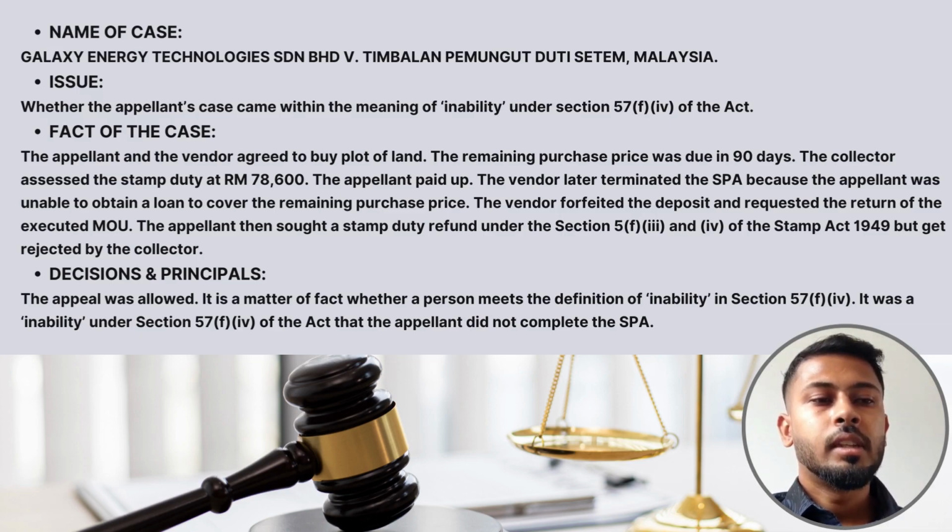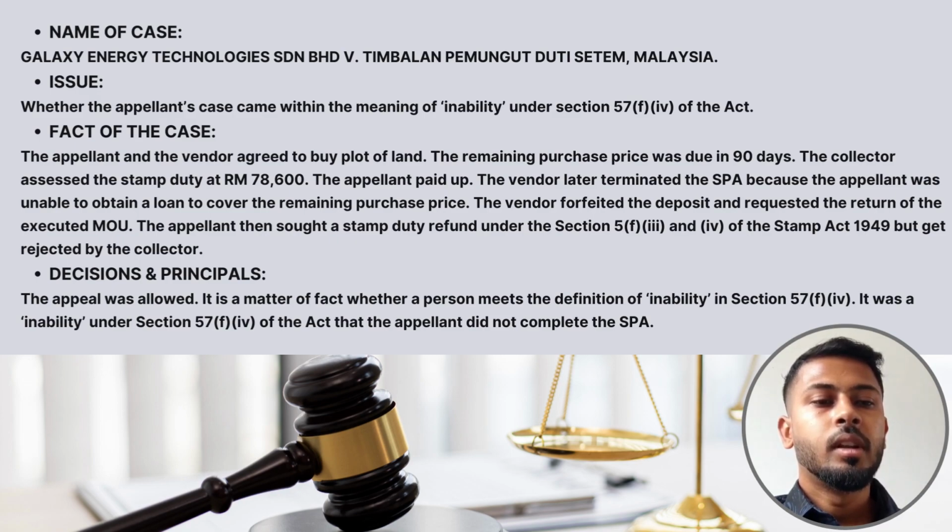The facts of this case are that the appellant and the vendor agreed to buy a plot of land. The remaining purchase price was due in 90 days. The collector assessed the stamp duty at a price of 78,600. The appellant paid up. The vendor later terminated the SPA because the appellant was unable to obtain a loan to cover the remaining purchase price.